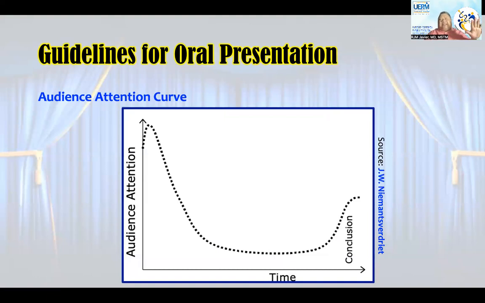However, after, let's say, 3 or 4 minutes have lapsed, the attention curve of your audience would gradually dwindle. And then once you are about to end, that's the time they would regain their interest in your paper. So sometimes when you hear the speaker say, in summary, that's the time you wake up. Oh, it's summary, meaning it's almost the end of the presentation.